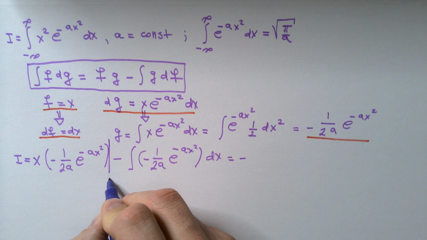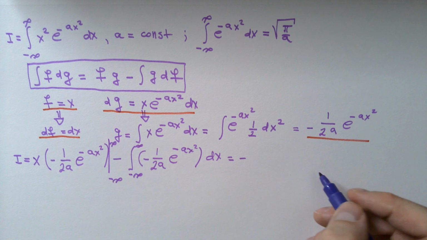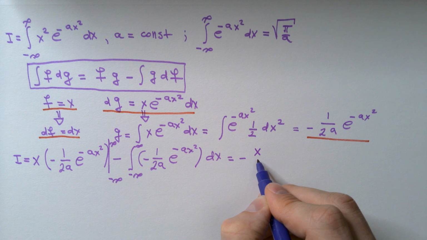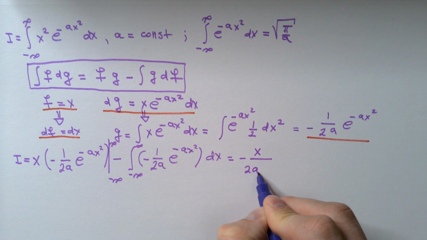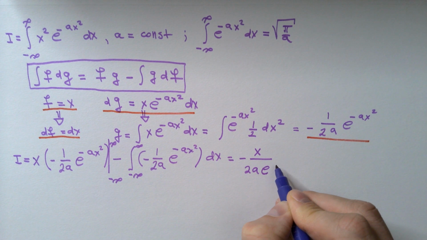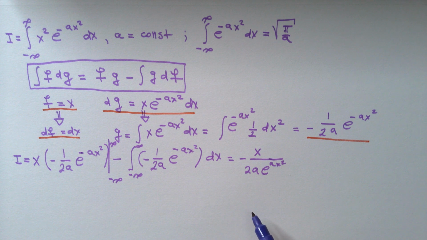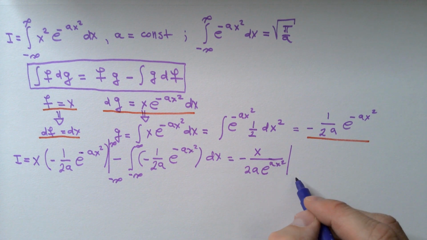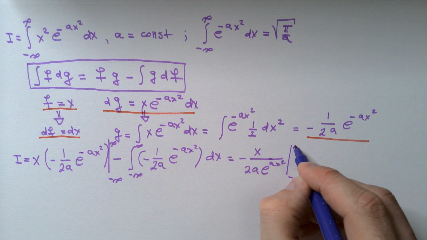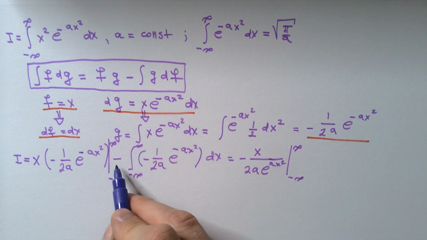This is in the limits between negative infinity to infinity, and this integral is negative infinity to infinity. So this over here is negative x over 2a e to ax squared. You see, because this is negative, I lowered it down, now it's positive. In the limits, negative infinity to positive infinity.